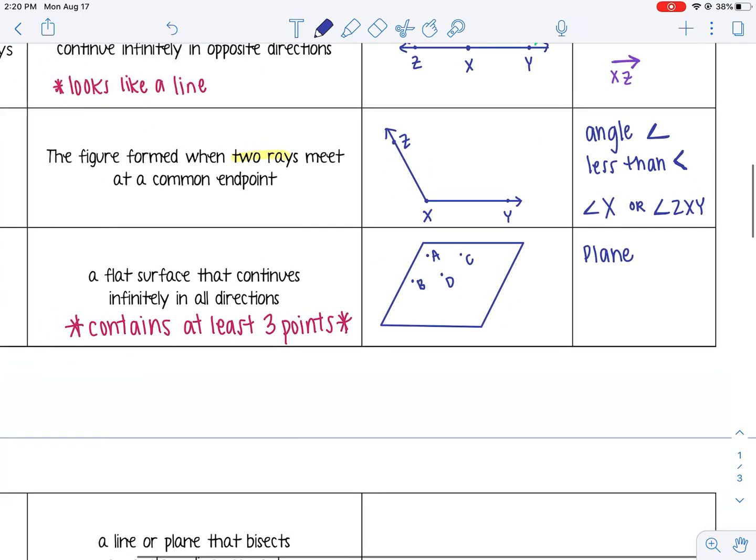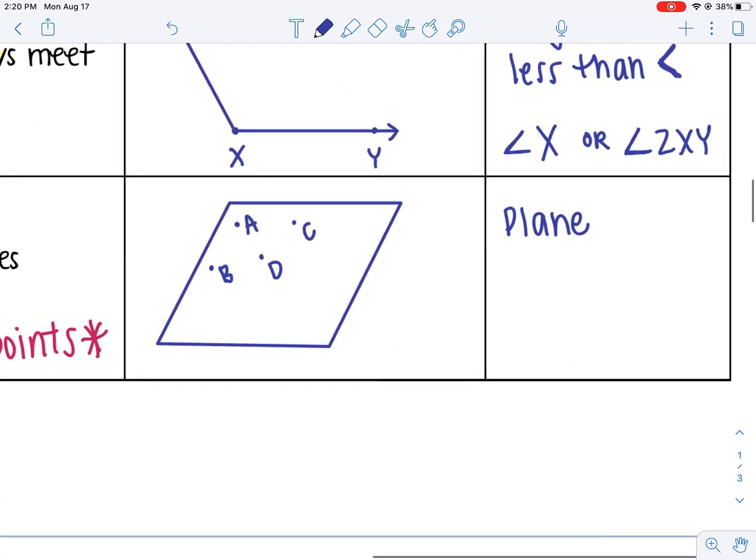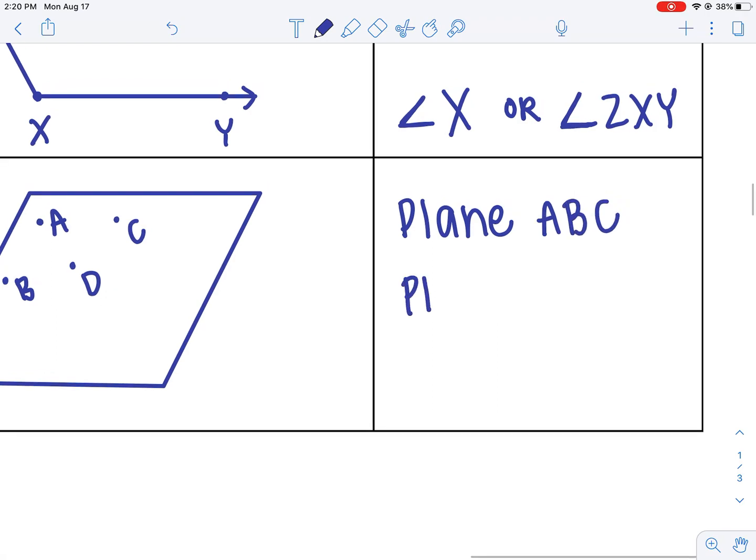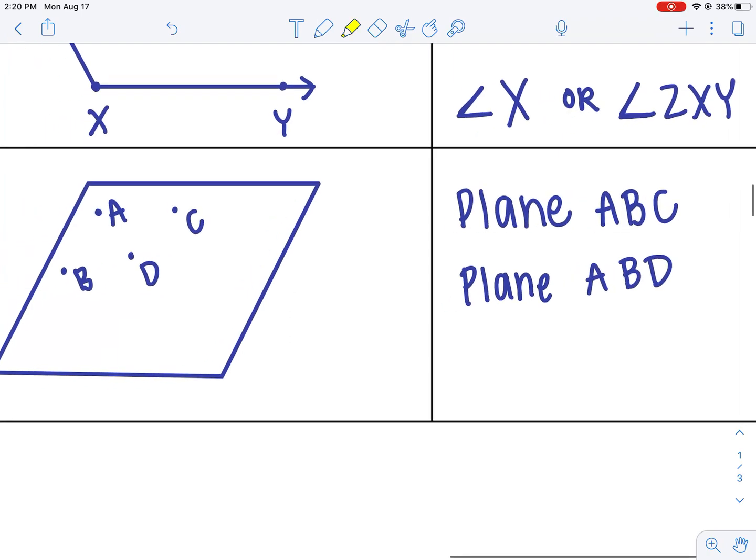And I'm going to call this plane. And remember, 3 points make a plane, so I just need to pick 3 points. I could call this plane ABC. I could also call this plane ABD. I just need to pick 3 of the 4 points, and that's it. That's how you name a plane.